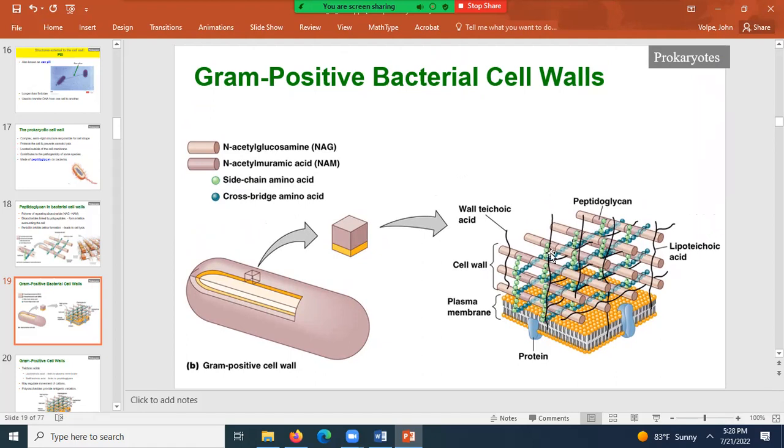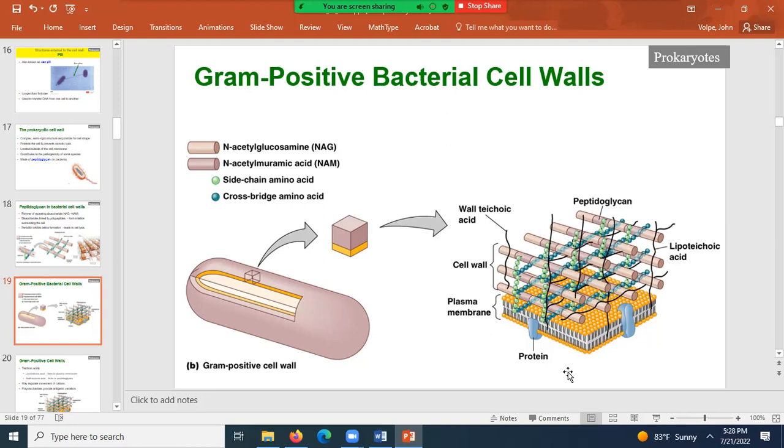And then many layers, there's only 3 shown here, but it's actually many layers of peptidoglycan, consisting of chains of NAG and NAM held together, and then there's many of them going that way, and then many of them going this way.